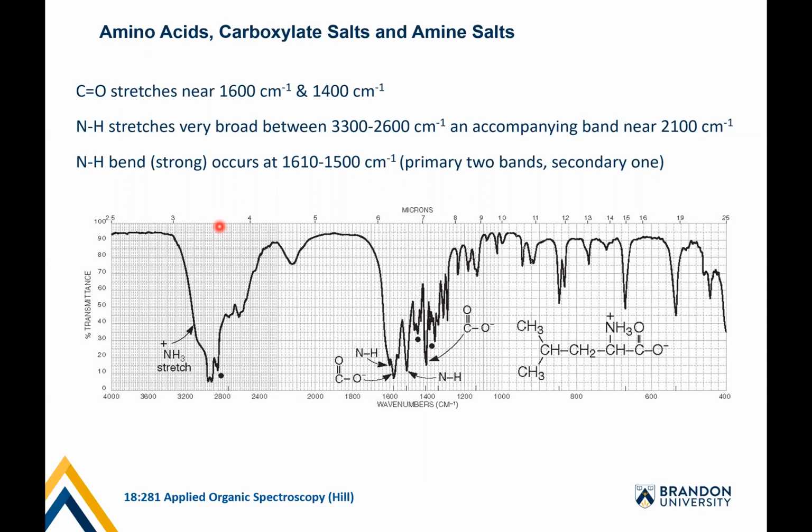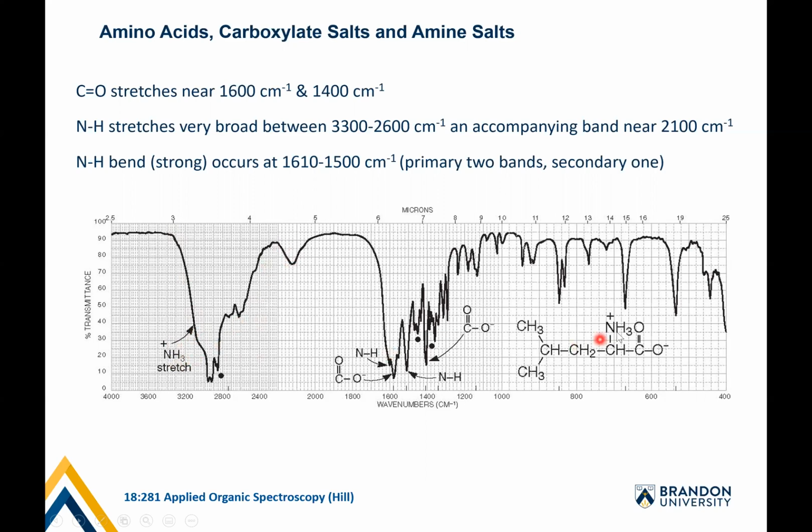So the NH stretches here are broad and they cover basically the same area as carboxylic acids. They basically move over into where the CH stretches would be. So this is a very broad stretch.